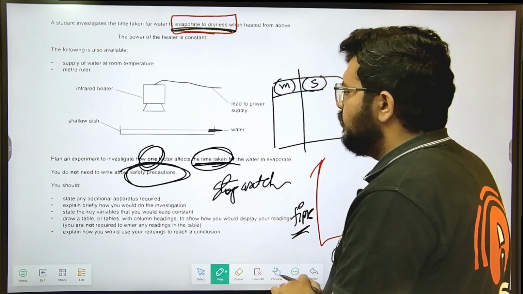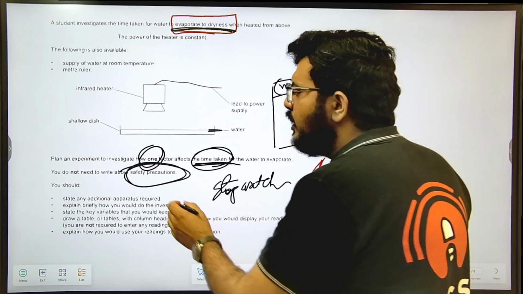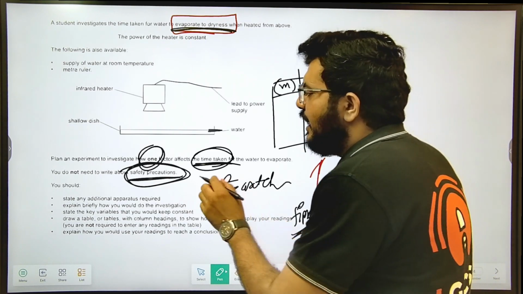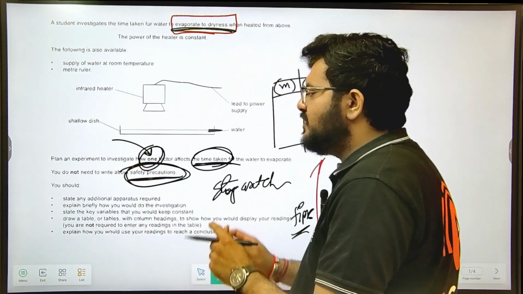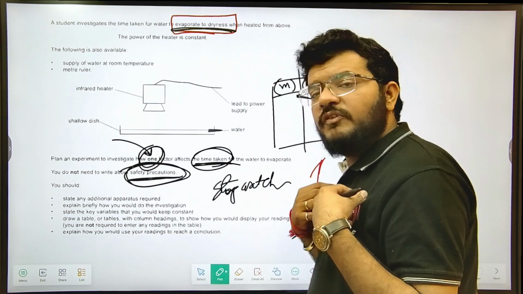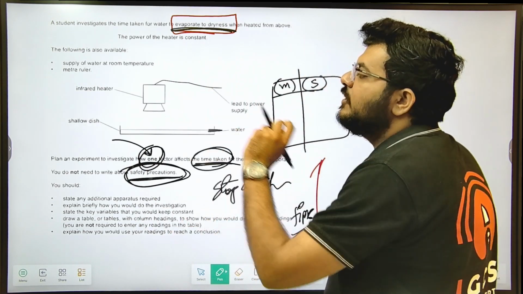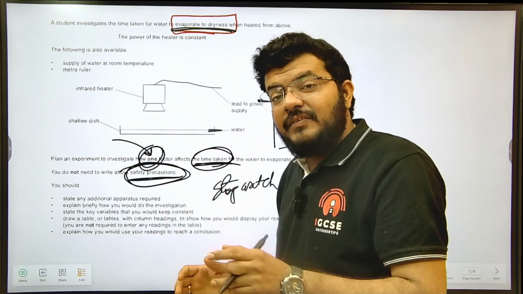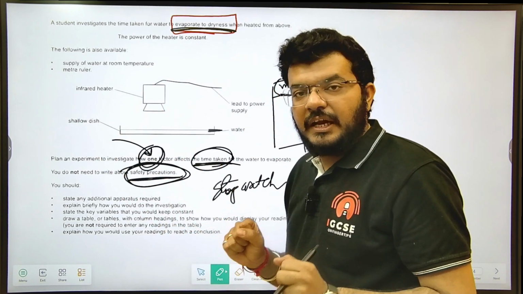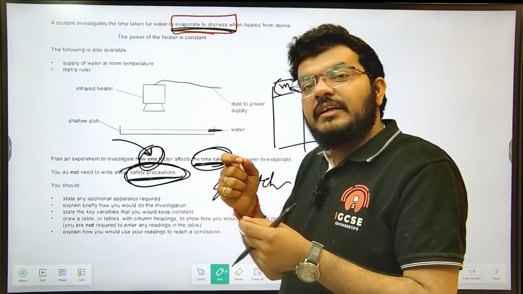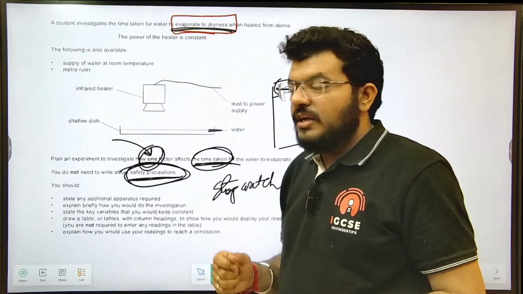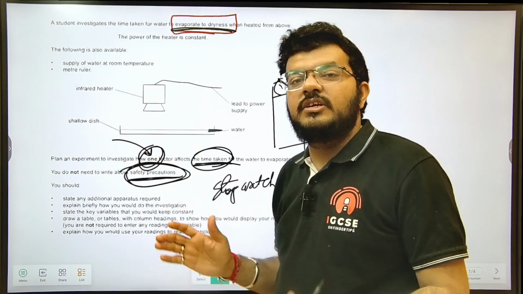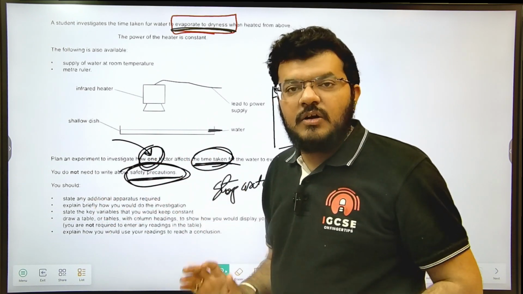Is there any precaution you need to take? You do not need to write safety precautions, but because they have stated that you have to investigate just one factor, another factor that I believe can interfere is if you do this experiment outside a room, then there will be air flowing, right? And that is a factor that can change the rate of evaporation. Surface area can also change the rate of evaporation, but because we have kept the shallow dish constant, it will not affect now.